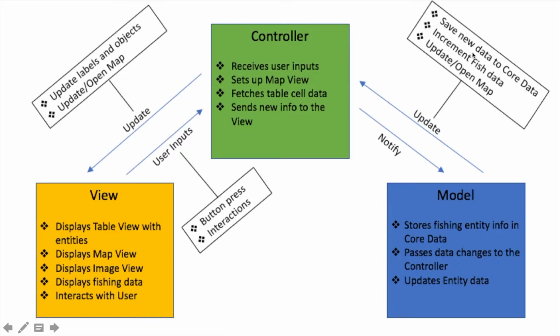It also is in charge of incrementing the fish counts and updating the map. And the view is what actually sends the user input to the controller, and just the general interactions.